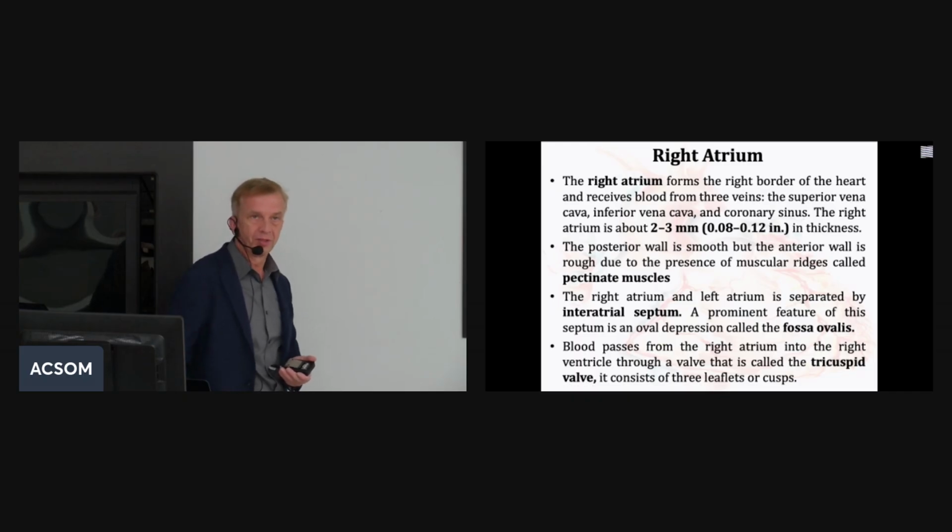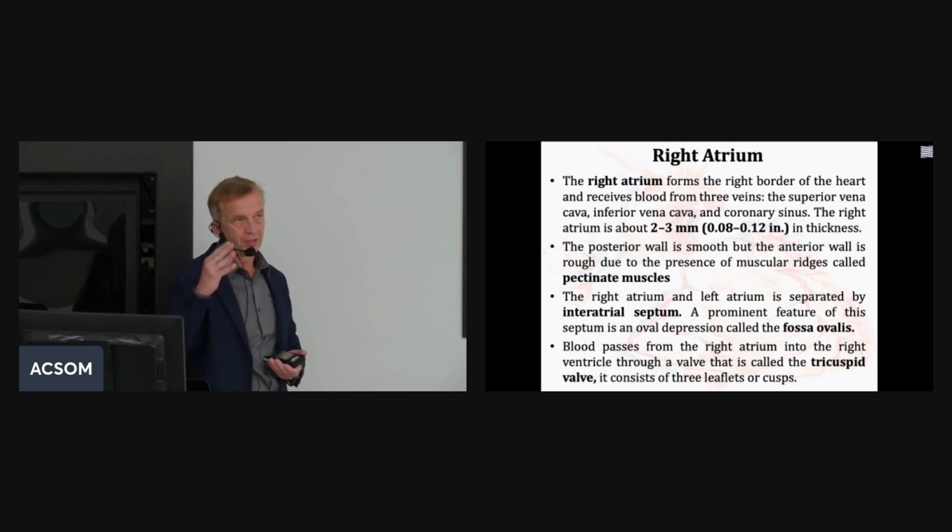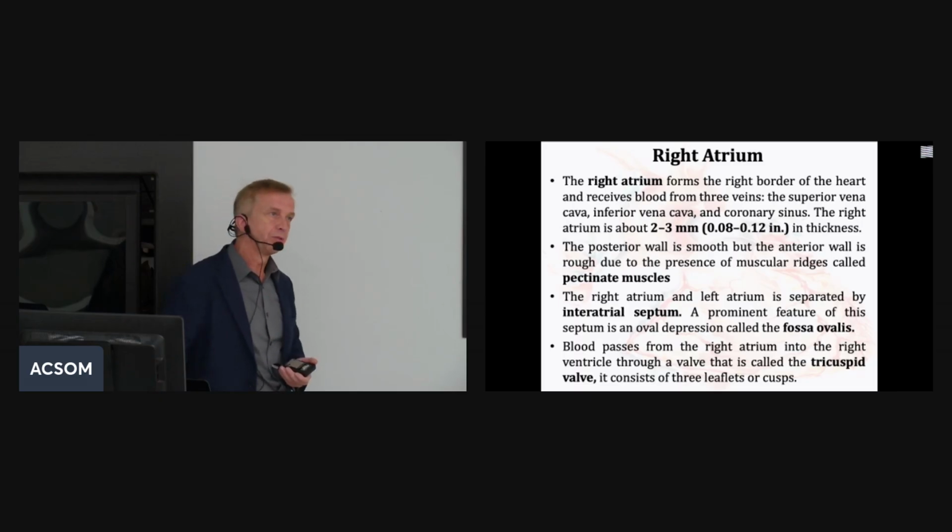There is a septum between the left and right atrium, which is called the interatrial septum, which has in the middle a little thin layer called fossa ovalis. It's important clinically when we do different cardiac procedures.